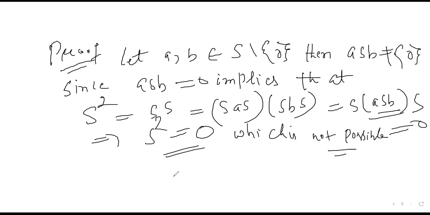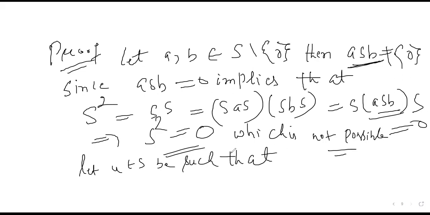So this means there must exist some non-zero element here. So let U belong to S be such that the product AUB, which is equal to C say, is non-zero. This is non-zero, so there is some non-zero element, and we are saying that it is AUB.